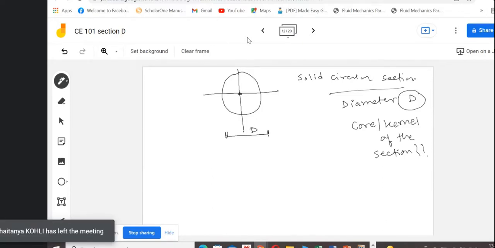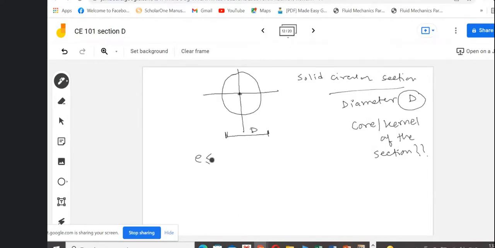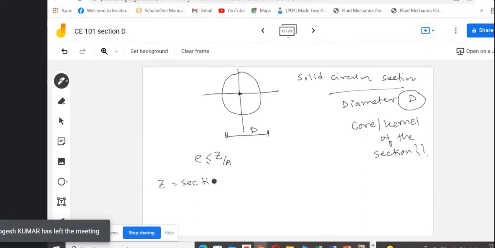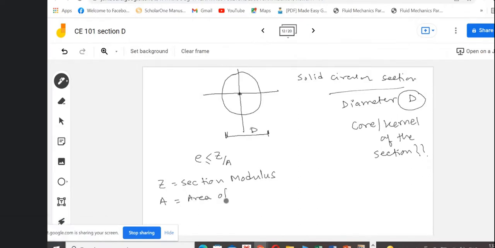We have to find e first, sir. How will you find e? e less than or equal to Z by A. Good. So we need to find the Z, that is the section modulus of this circular section, and A is the area of the section.